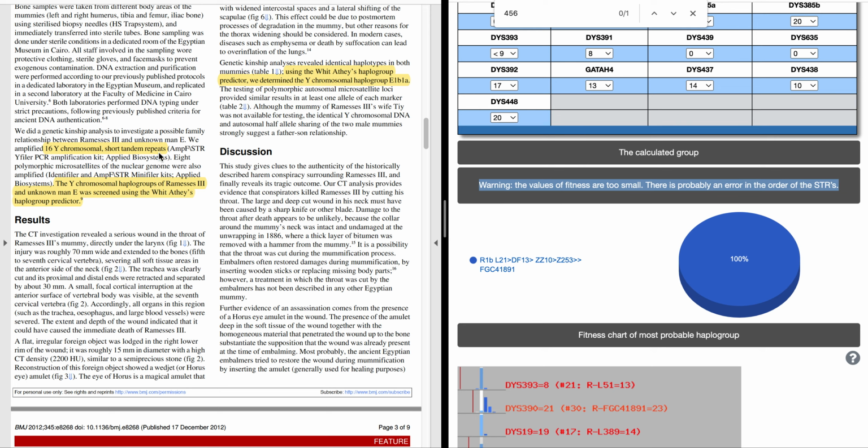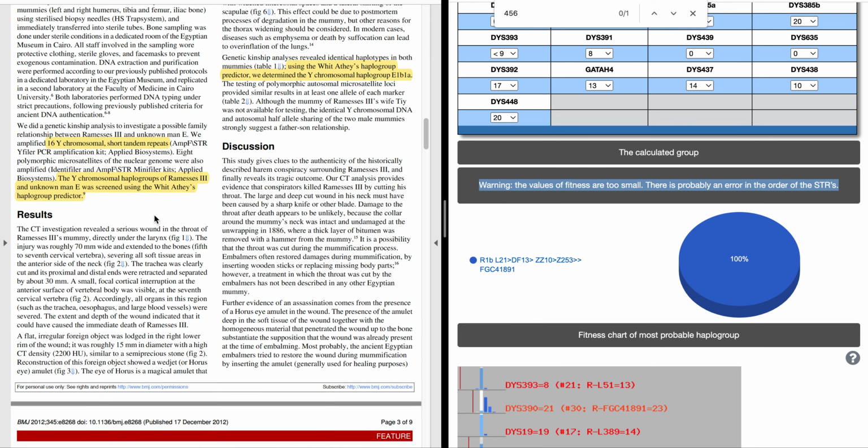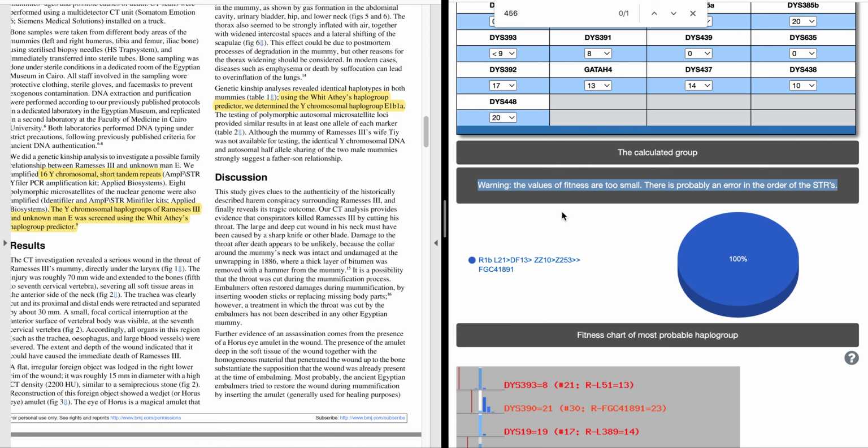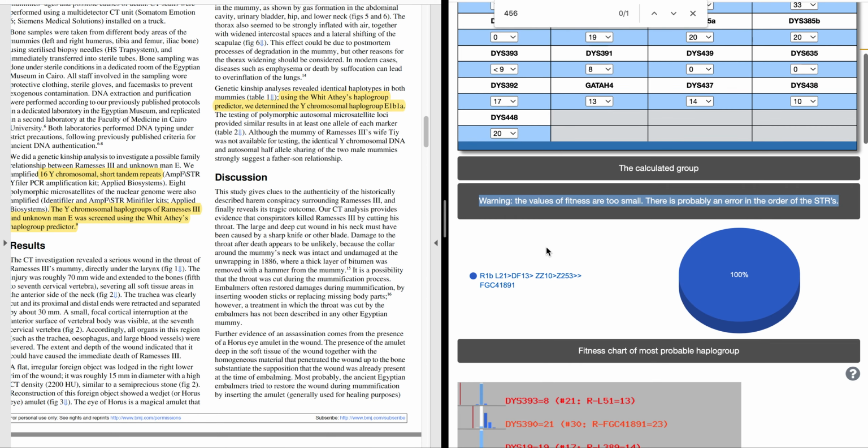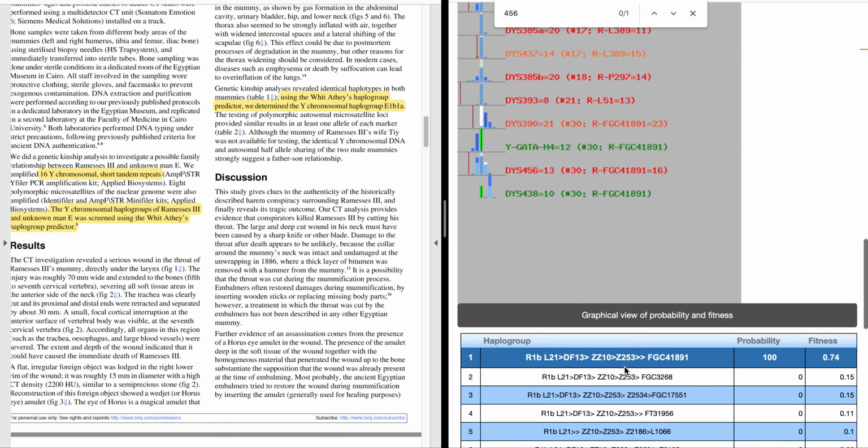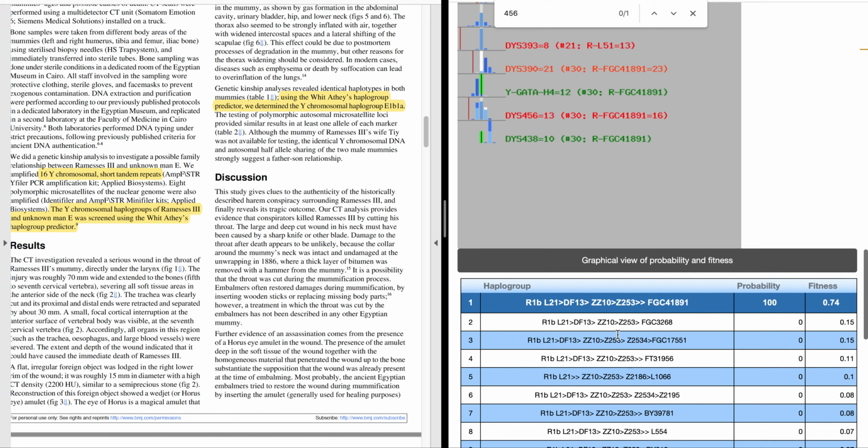So interesting, they do calculate it as 1. Well, we have Ramses III and unknown man E predicted as Haplogroup R1b FGC41891, and that SNP was Z253.